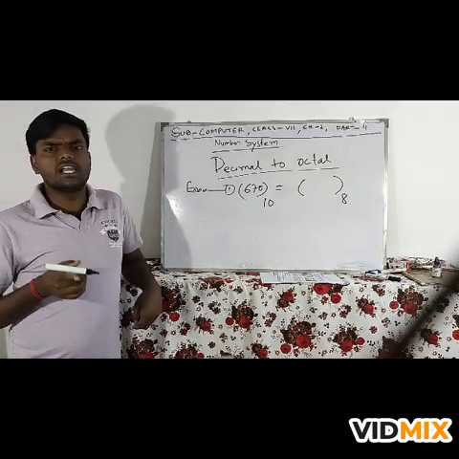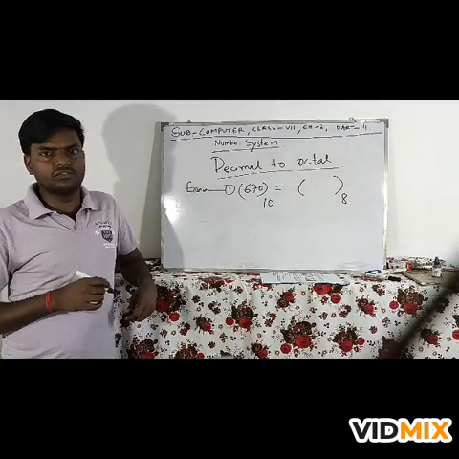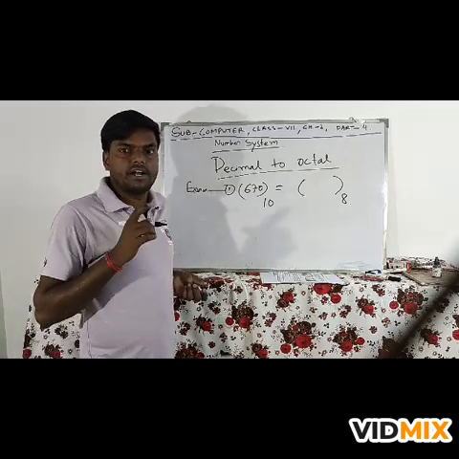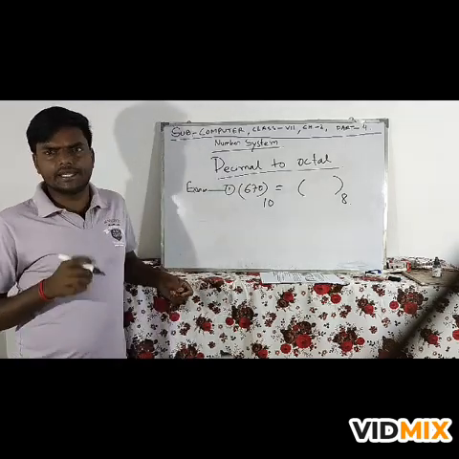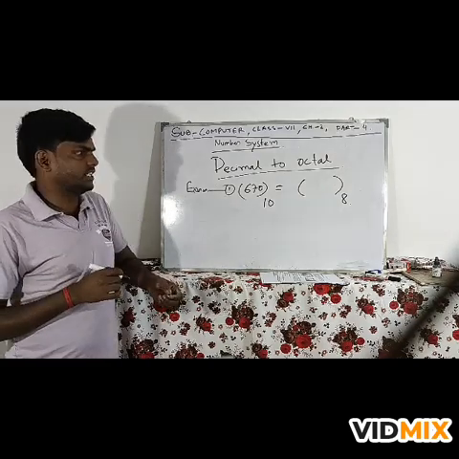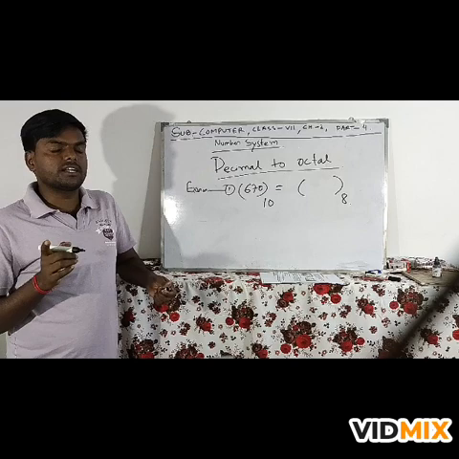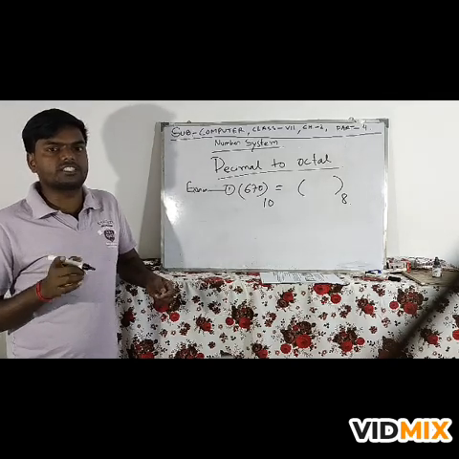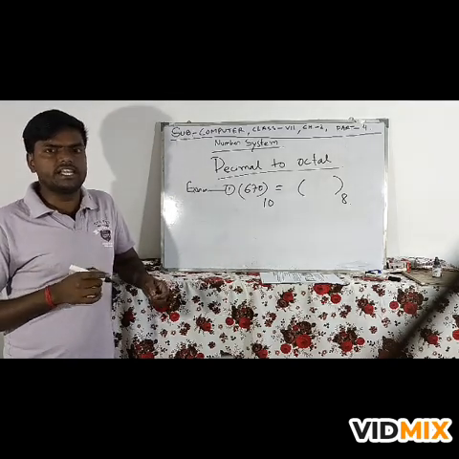Finally, the octal value is obtained by combining all the remainders, with the last remainder being the most significant digit.